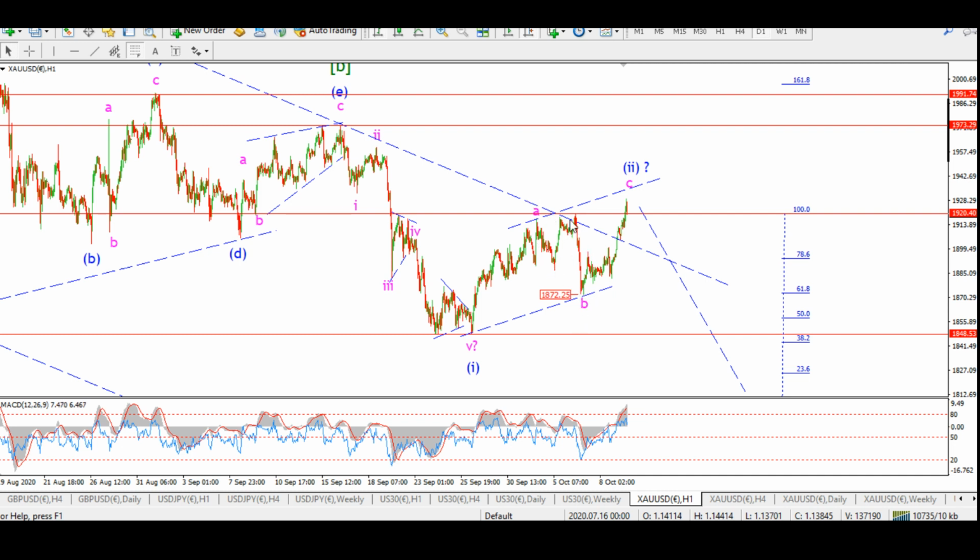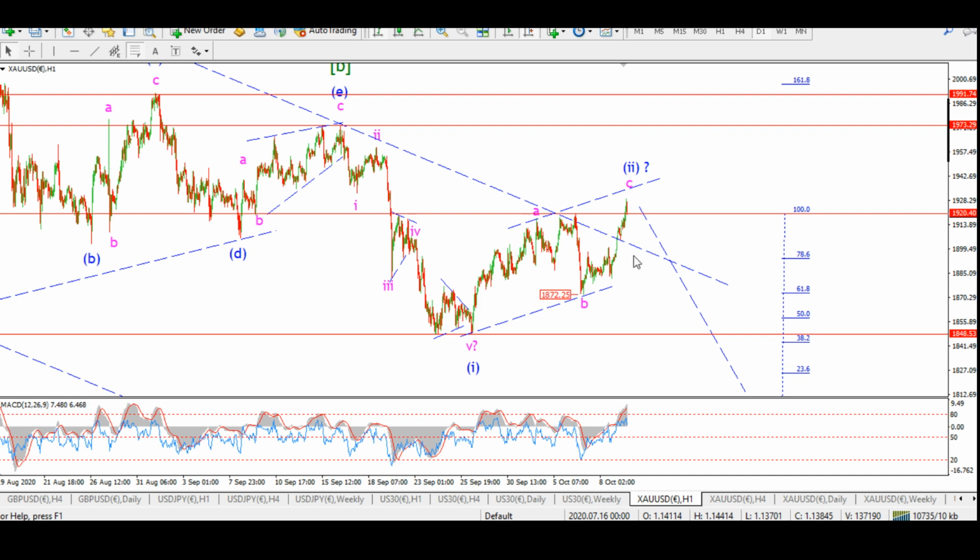So this was an A, B, C running or expanded flat, wave B, and now we moved higher today in wave C. Maybe even wave C is complete right now. I mean, we're moving down off the session high. We were back at this pivot high again. So 1920 looks like short-term support at the moment. Let's see if we can break down through that 1920, and then the wave A high there at about 1915.